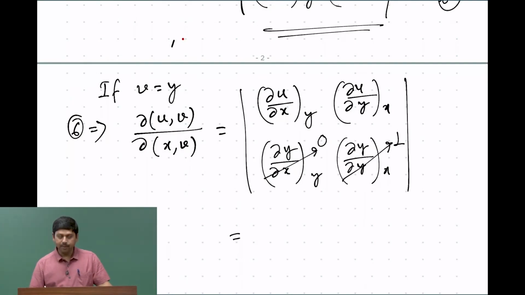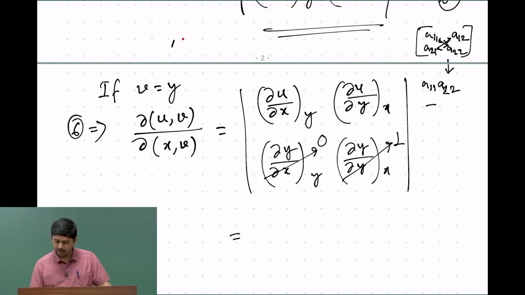So, again in the matrix multiplication you have to multiply these two corners, for example, a11, a12, a21 and a22. The matrix multiplication product will be this minus this. So, it will be a11 into a22 minus a12 into a21, that will be the multiplied product.